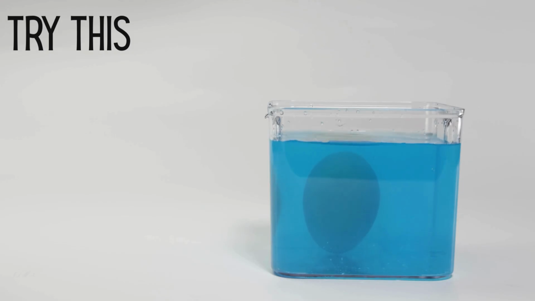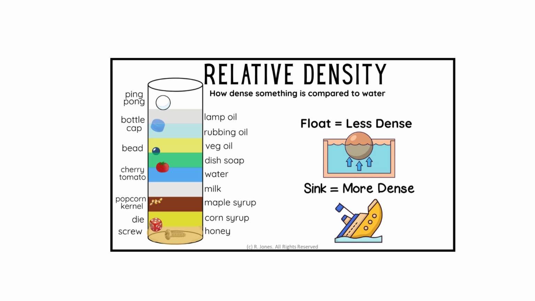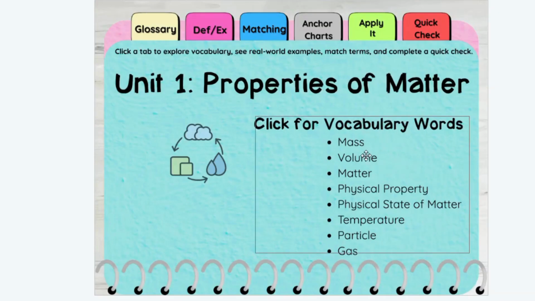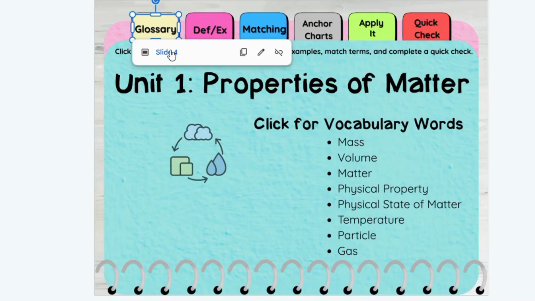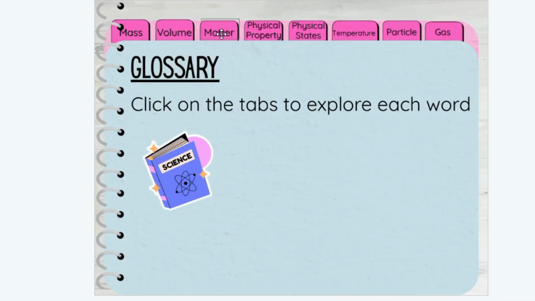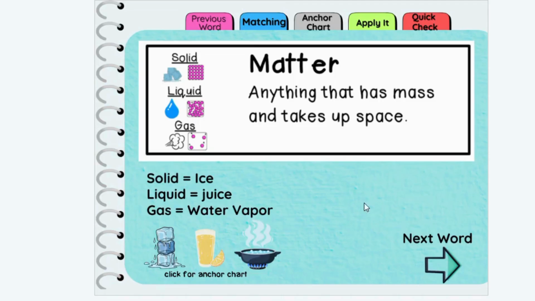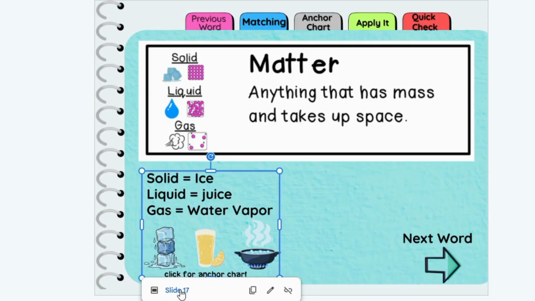It's a very simple experiment and your students will remember it. Hands-on experience, even those small little quick investigations, help the students remember their vocabulary, remember the concepts, and then the interactive notebook will reinforce that as well.